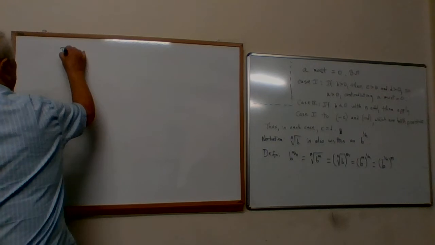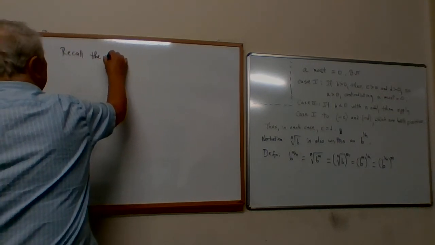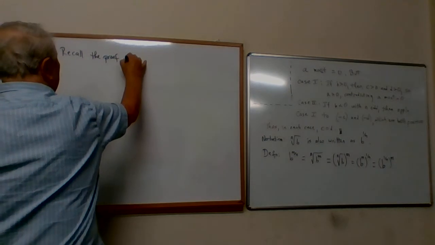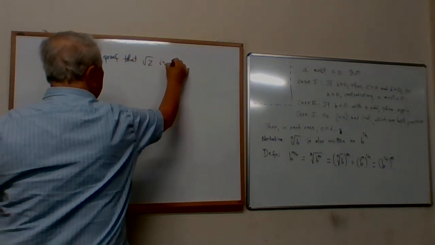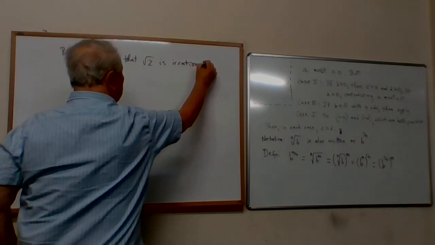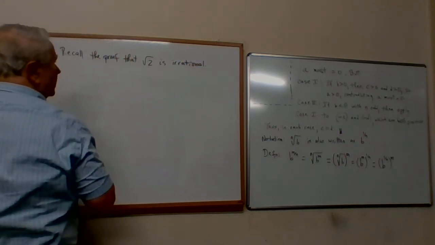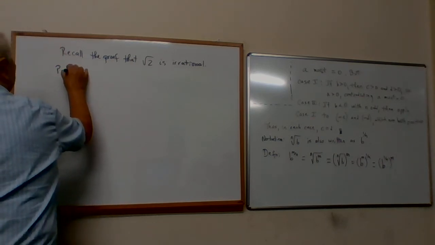But recall the proof that the square root of 2 is irrational, meaning it's not a fraction. The proof went like this.